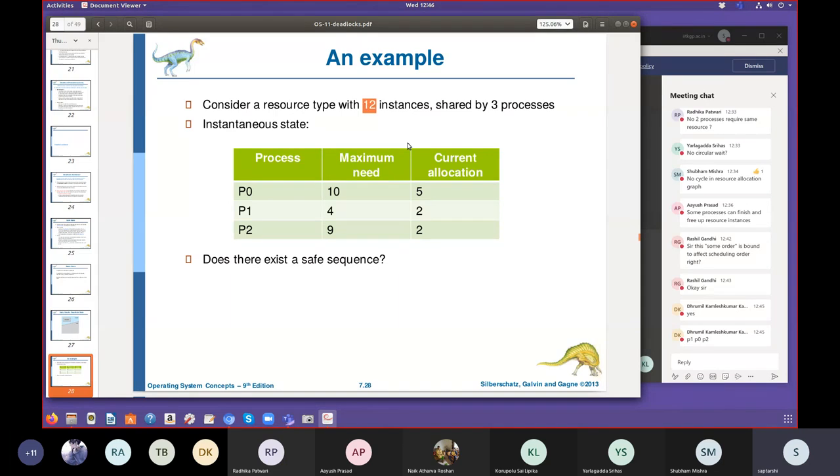So out of 12, 3 are still free. P1 will request a maximum of 2 more instances. Since there are still 3 free, P1 should not have any problem in completing. Once P1 completes, 4 instances will be available.